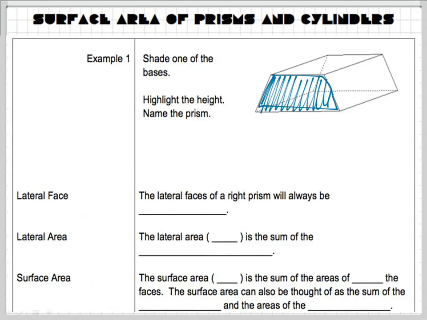So here's one of our bases. The other base, which you only had to highlight one, is right here. So those are your two bases. The height joining these two, the altitude, I suppose, is this right here. We'll call that the h.